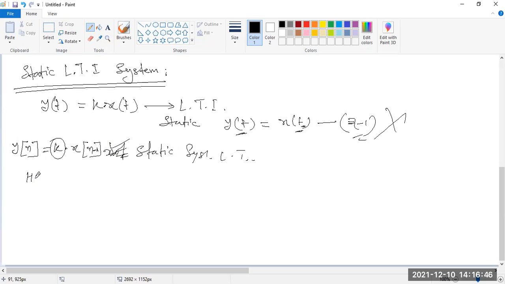Look, first we have to find the transfer function, that is Y(s) over X(s). It will give you this term, the constant term.